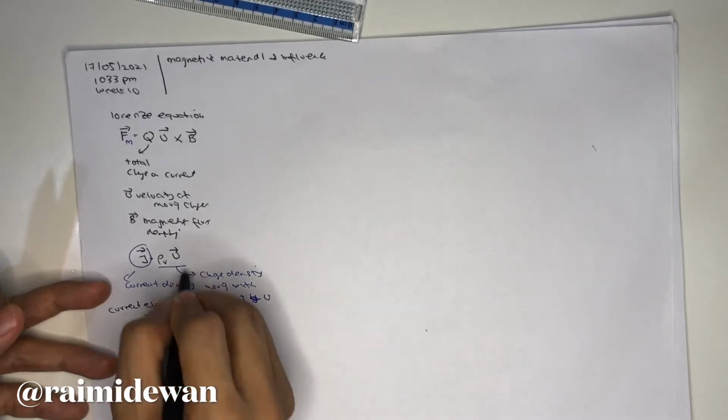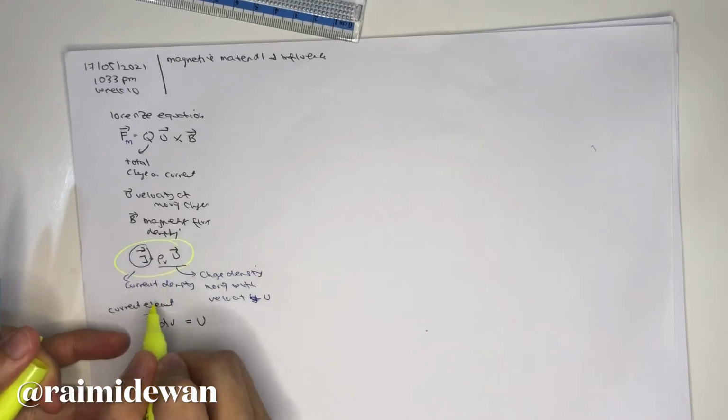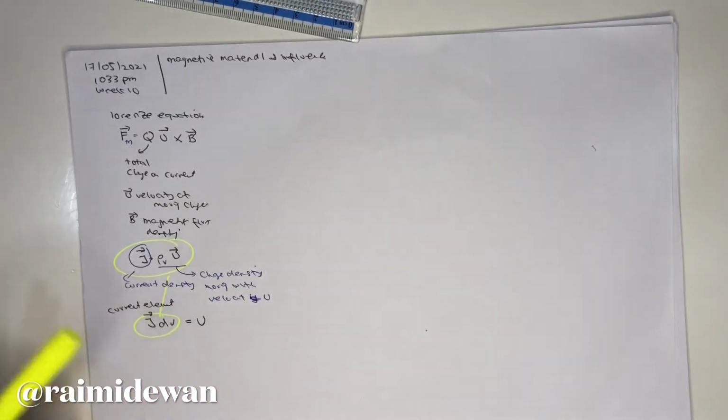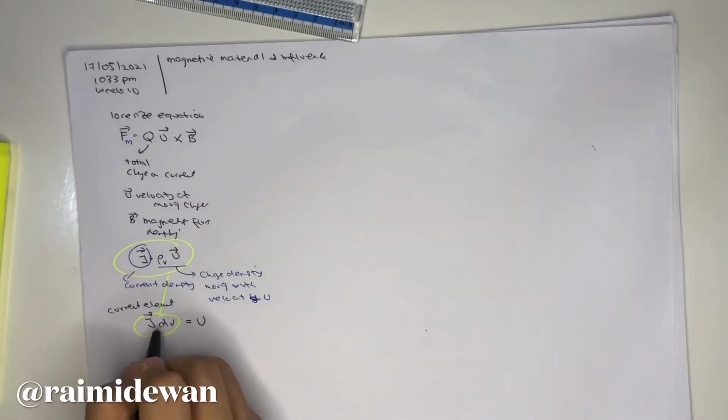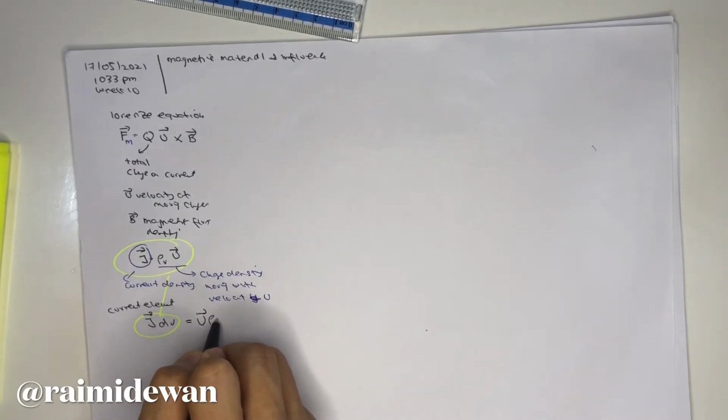So you just substitute this inside. Then you will have J dV is u rho v dV. This is where you do the substitutions.